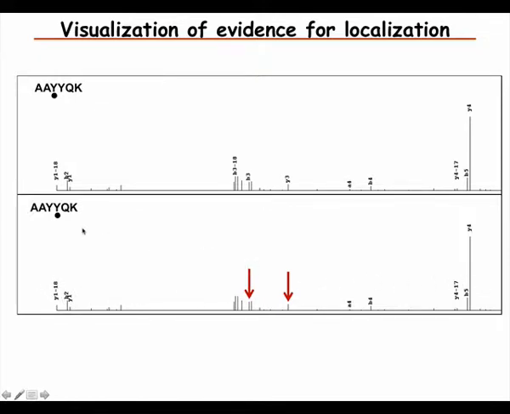And then what we see here is we have assignments to B3 and Y3, which is exactly the fragmentation in between here, but here we don't have those assignments. So in this case, we can quite certainly conclude that we have much more evidence that the phosphorylation is on the first tyrosine.